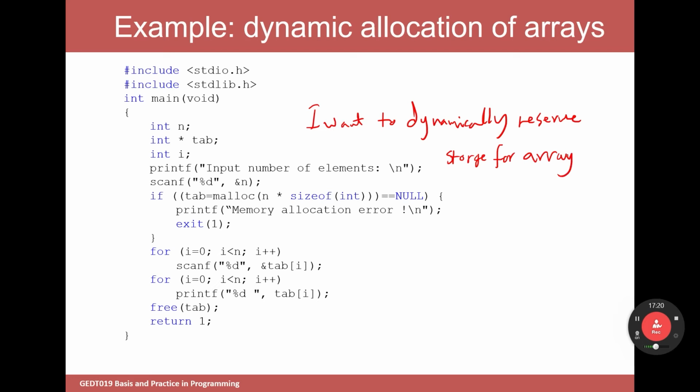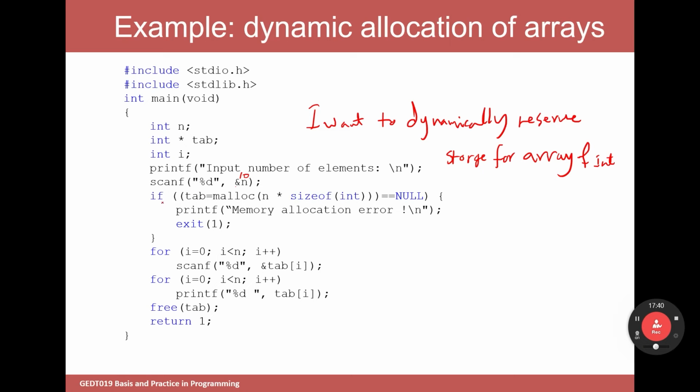So I want an array of integers, but I don't know how many elements are in this array. I run the software and then I ask the user, how many elements in this array? The user will say, okay, number of elements, for example, 10. I have 10 elements. I want to reserve an array of 10 elements.